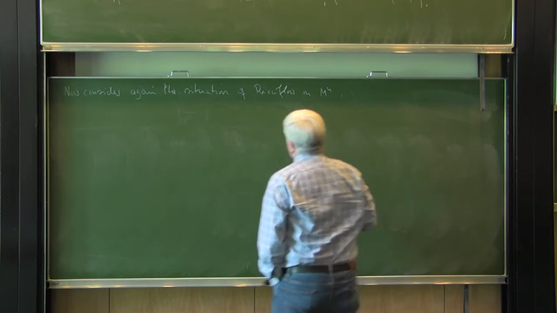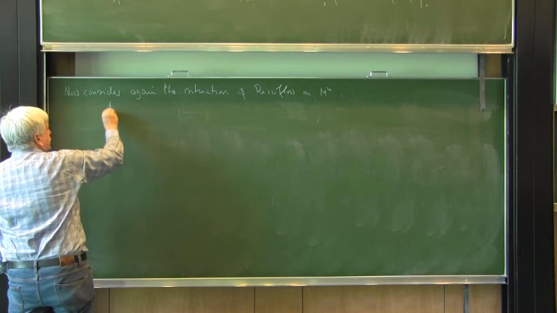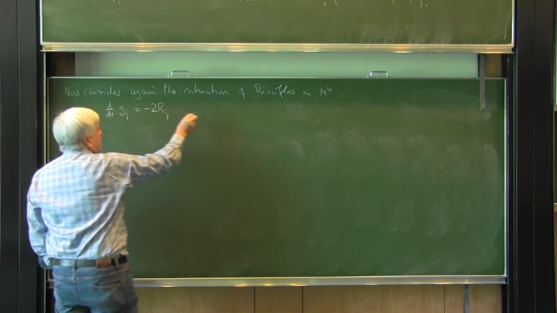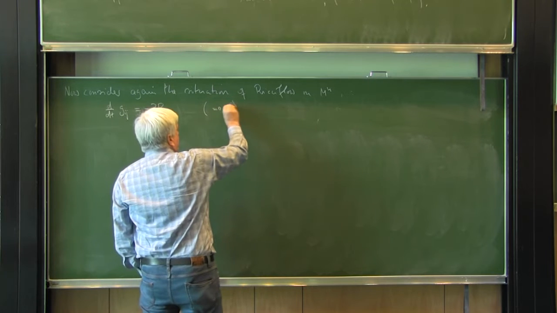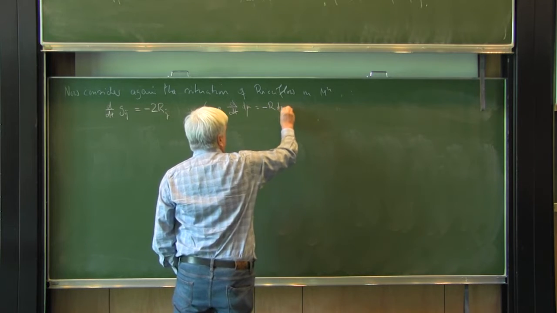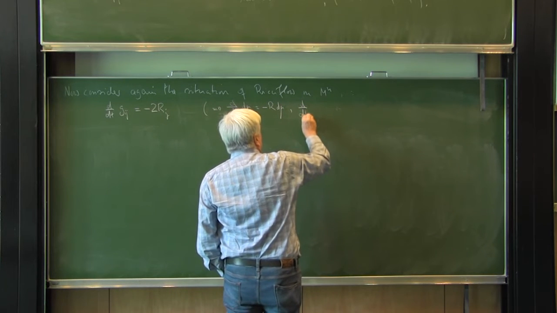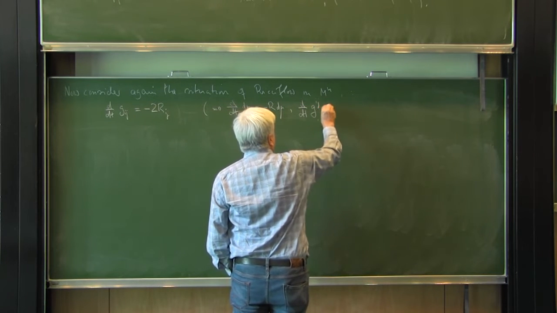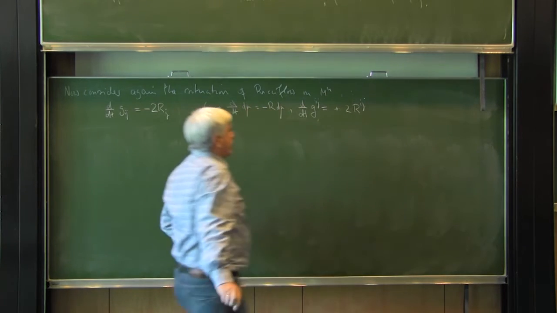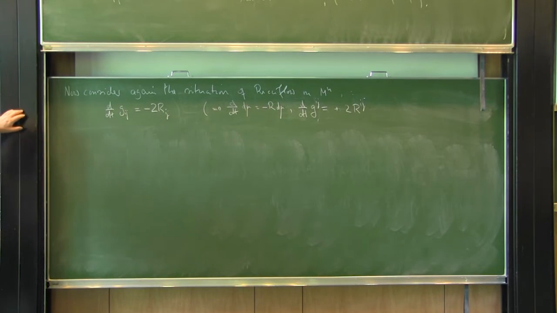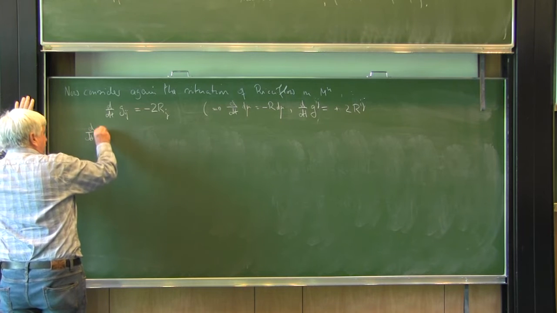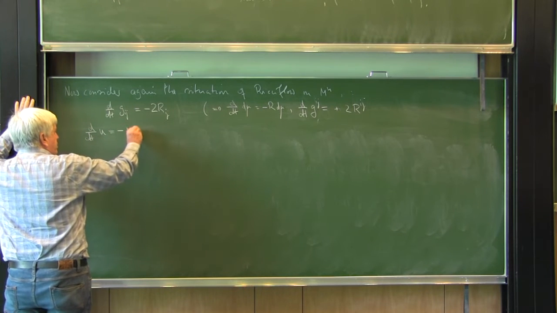So we have ddt of g ij equals minus 2 R ij, which implies the evolution of the measure, and it implies that the inverse metric evolves by plus 2 R ij, indices raised. And we also want to consider the adjoint heat equation.